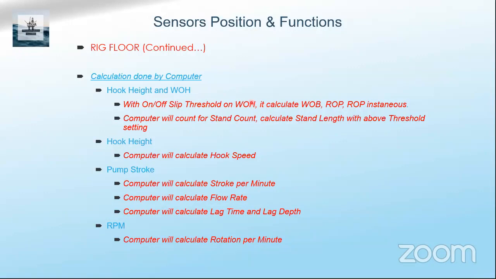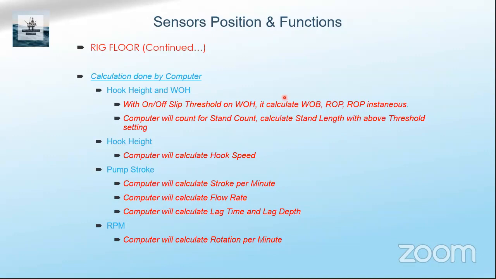For example, on weight on bit, we have the total string off bottom. Suppose we are drilling at 1,000 meters, and the driller lifts it up a few meters above, and let's say the total weight is 100 kilopounds. That is the total string weight. When you start drilling, that 100 drops down to 90.